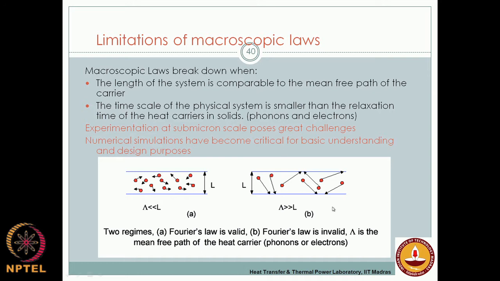Whereas in case B, your mean free path is much larger than the separation between the plates, and therefore the chances of inter-carrier collision are much lesser compared to the collision between the energy carriers and the boundaries of the system.